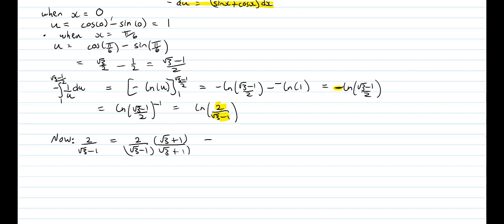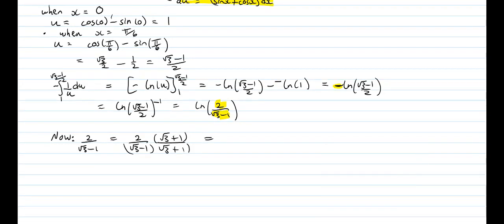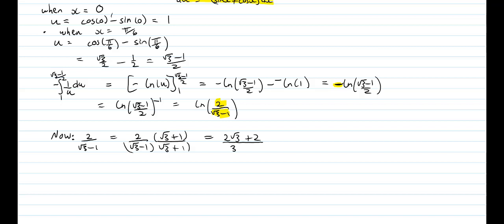Expanding and simplifying that out, we get 2 root 3 plus 2 over 3 minus 1, so that's equal to 2 root 3 plus 2 over 2, and cancelling the 2's, that's equal to root 3 plus 1.